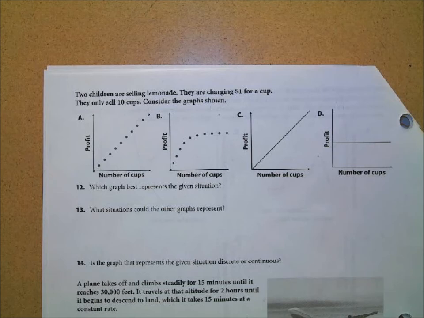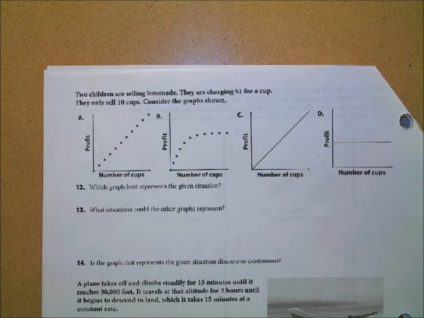So, Alex, what is the difference between C and A? One's connected, right? In this case, which one will make more sense? They're selling only 10 cups of lemonade. I guess A would because it's individual cups. Exactly. You're not going to sell a fraction of a cup.